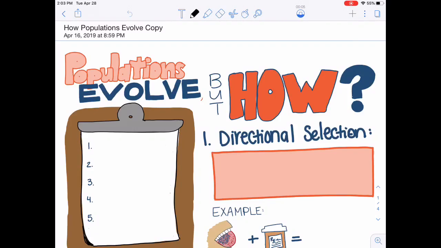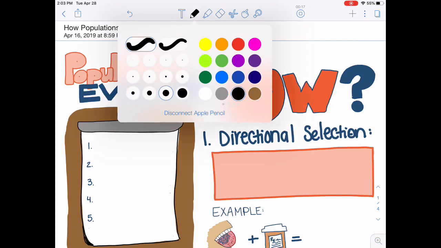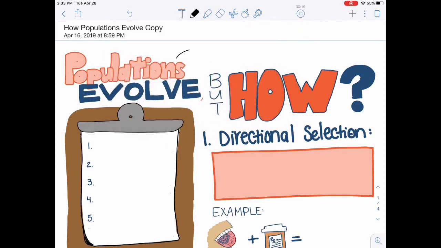Populations evolve, but how? We have 5 different ways that populations can evolve. Remember, a population is a species, one type of species that all lives in the same place.